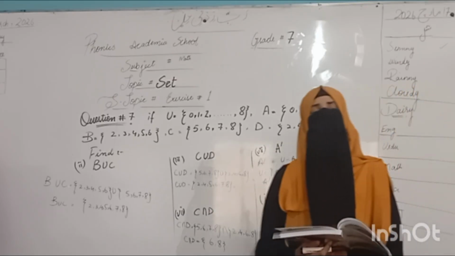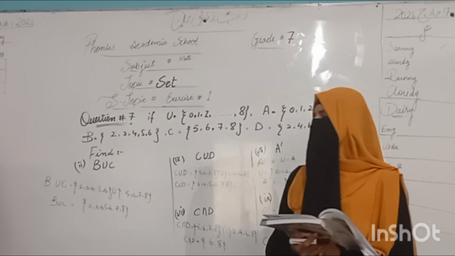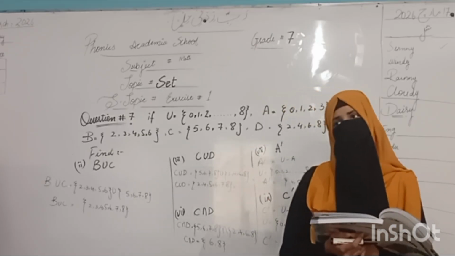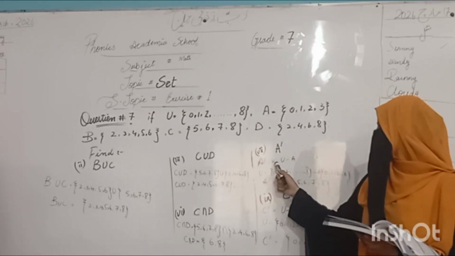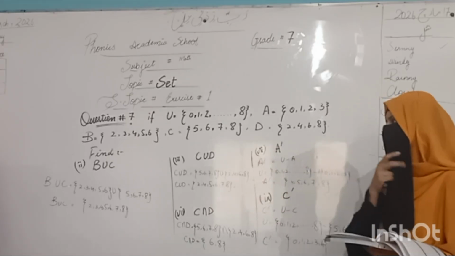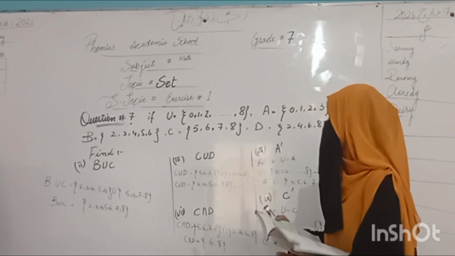When you find the universal of any set, it is U minus that set. For example, you find the universal of A with the help of U minus A. So students, let's start our question and today's lecture.